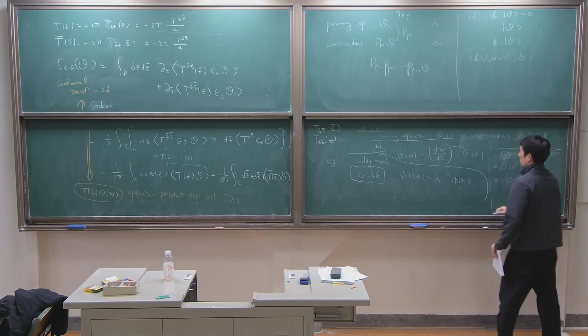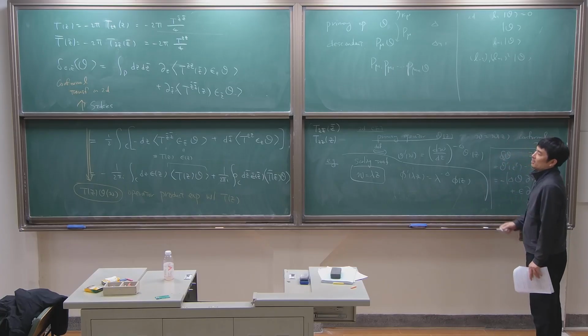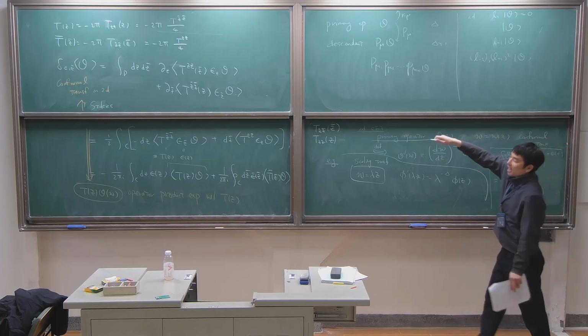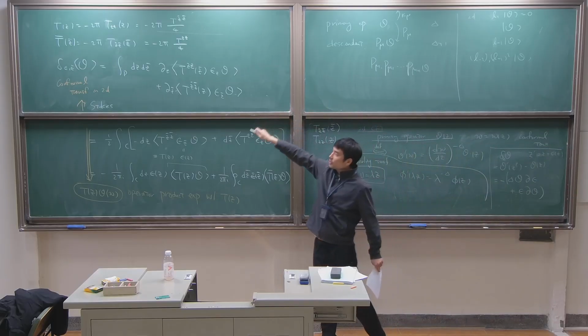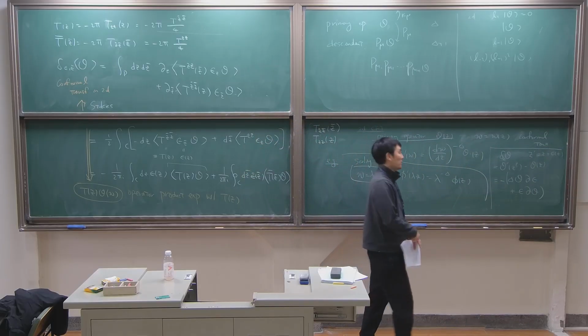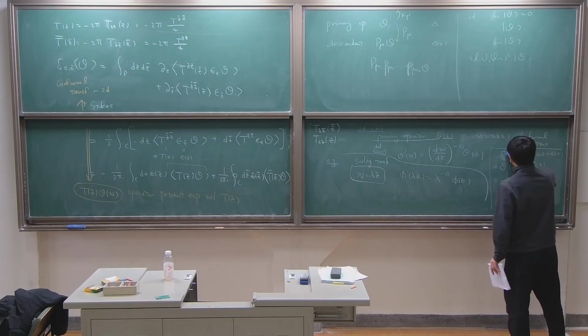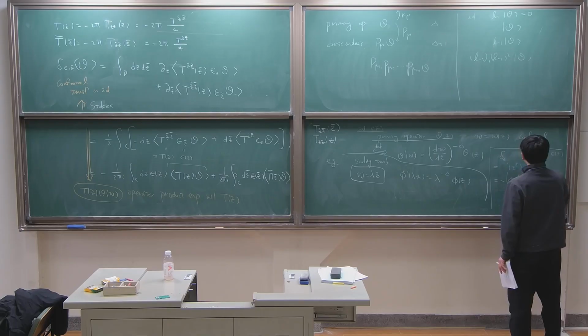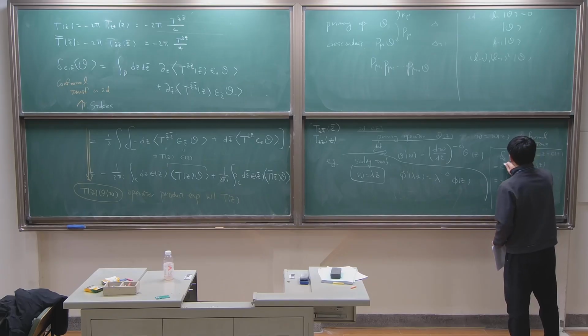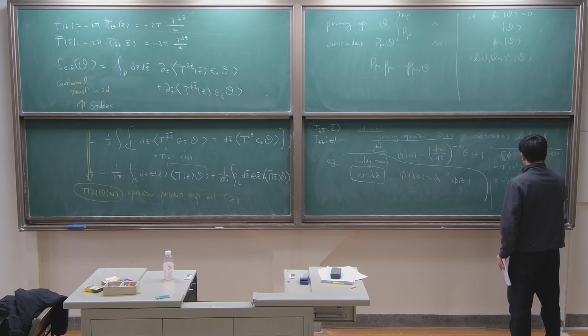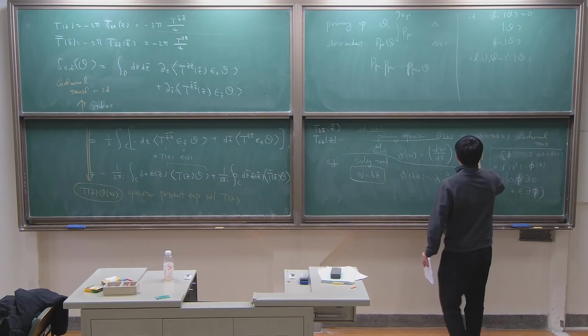Any operator should obey an arbitrary rule like this. To distinguish the primary operator from the ordinary operator, let's use phi. Phi is a primary operator.